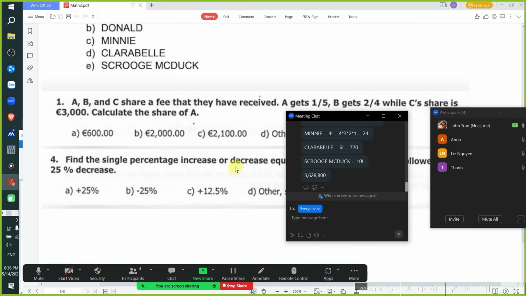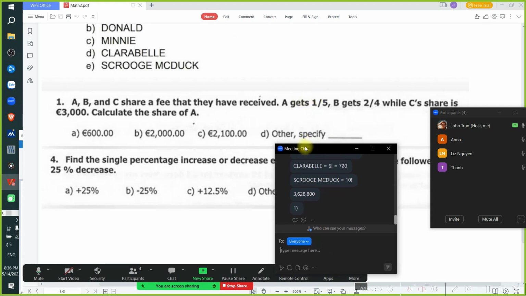Okay, now anyway, let's do number 1 next. Okay, let's do this one.